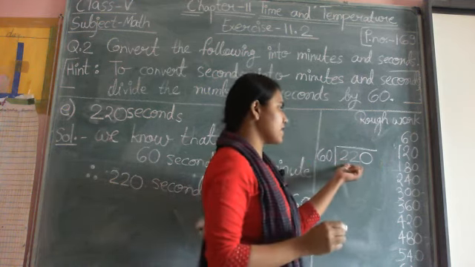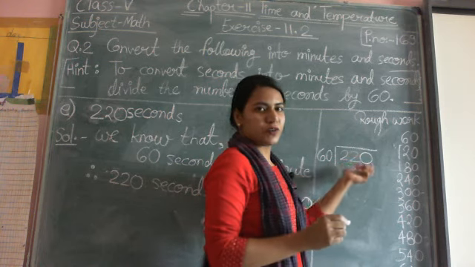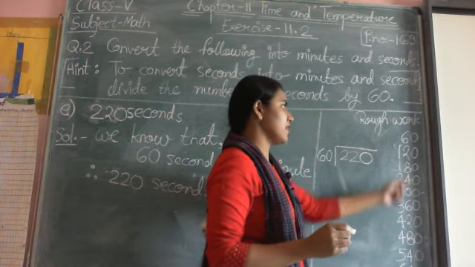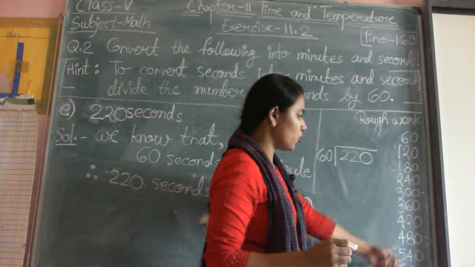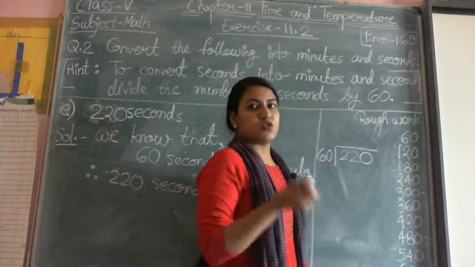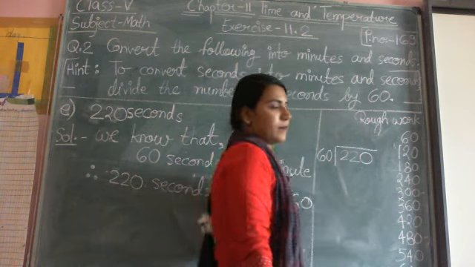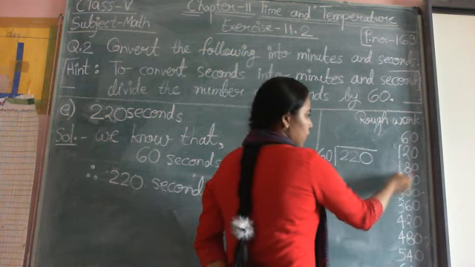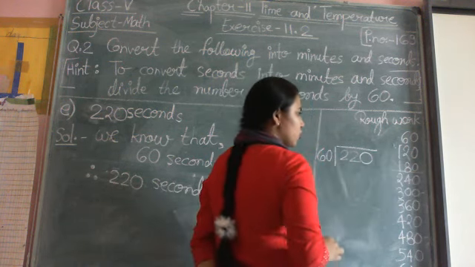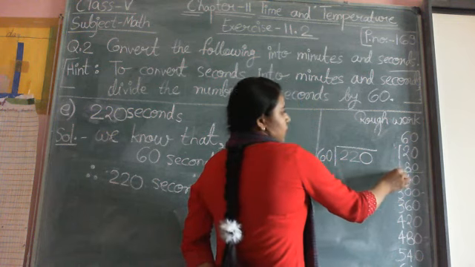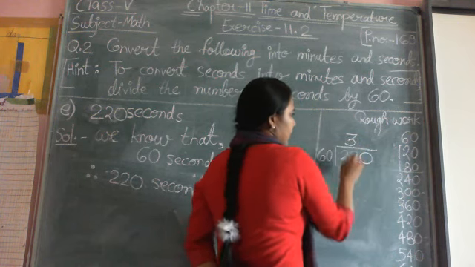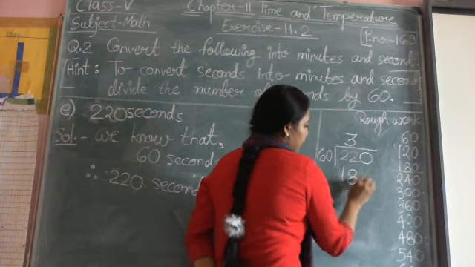First of all, check does the number 220 come in the table of 60? No, it does not come. So now we will choose a number which is smaller than 220. So here the number 180 is just smaller than 220, and so in 3 times we can divide it.